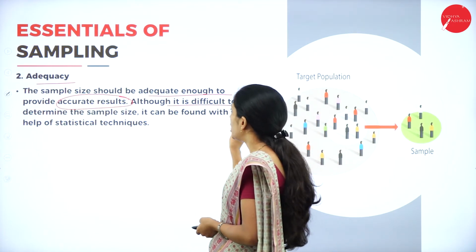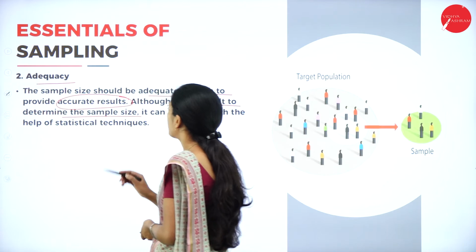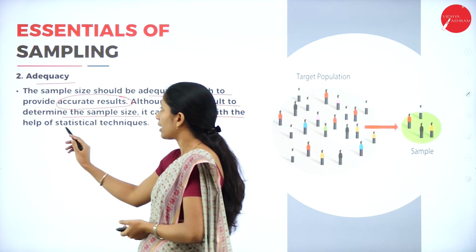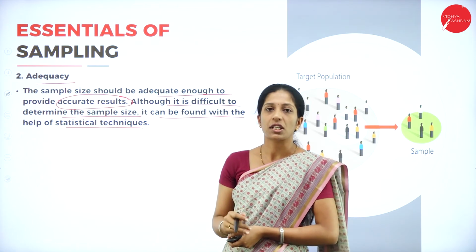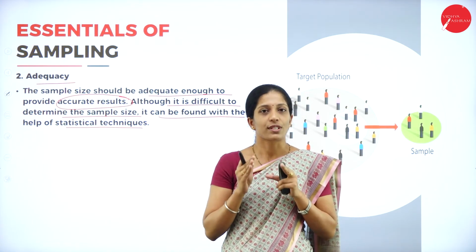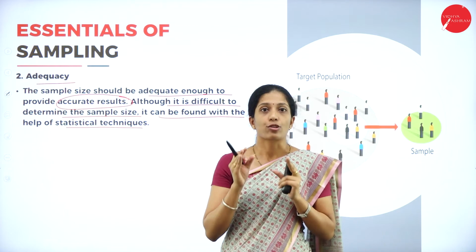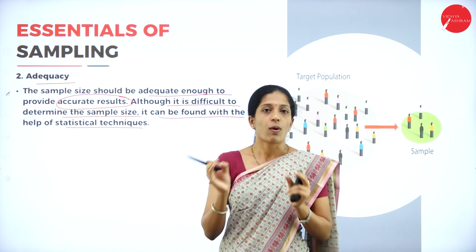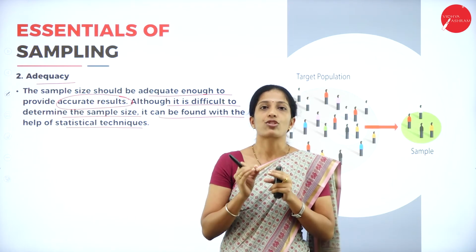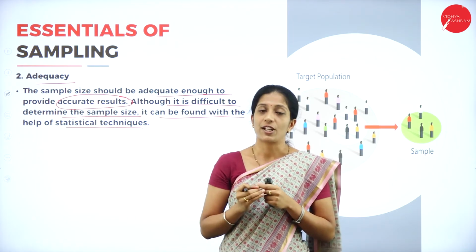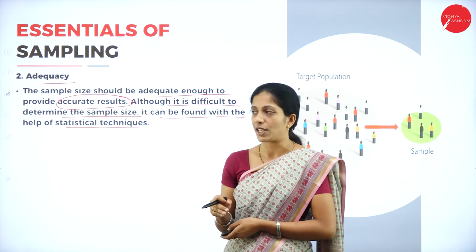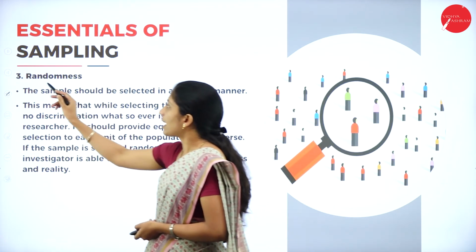Although it is difficult to determine the sample size, it can be found with the help of statistical technique. The researcher has to make sure that the sample he has selected gives adequate, sufficient as well as accurate information.